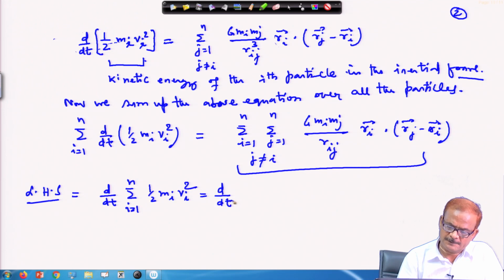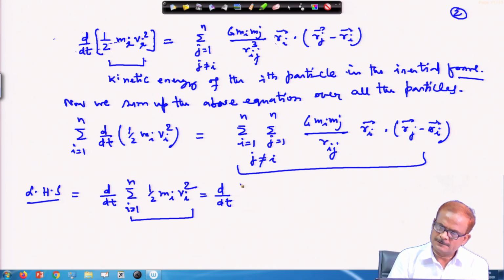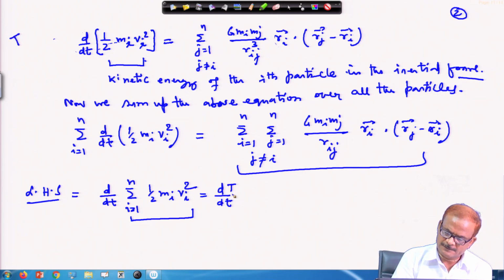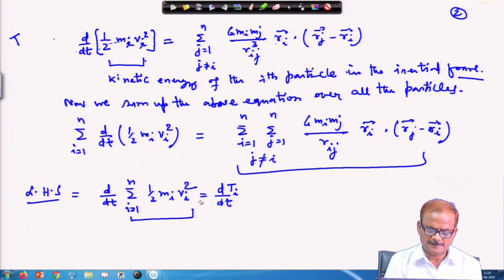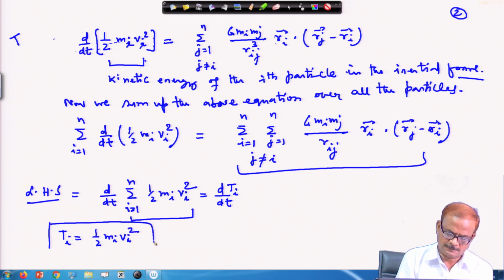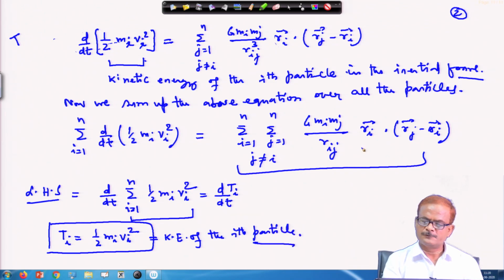So this is d by dt of the individual kinetic energy, and this term, kinetic energy, we usually represent by T. So I will write here capital T I. So the left hand side is d T I by dt, where T I equals 1 by 2 m I v I square, the kinetic energy of the Ith particle. Now we have to treat the right hand side.